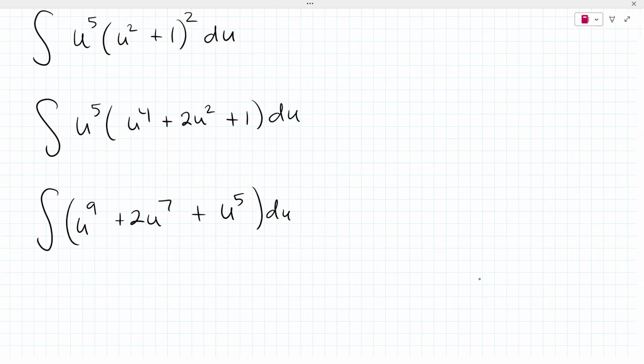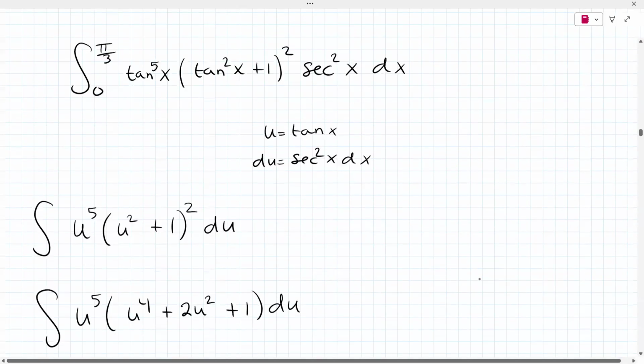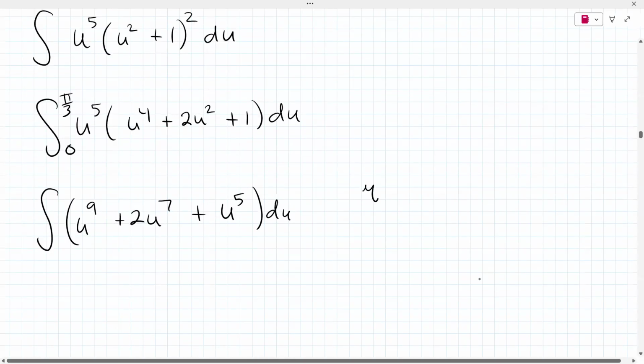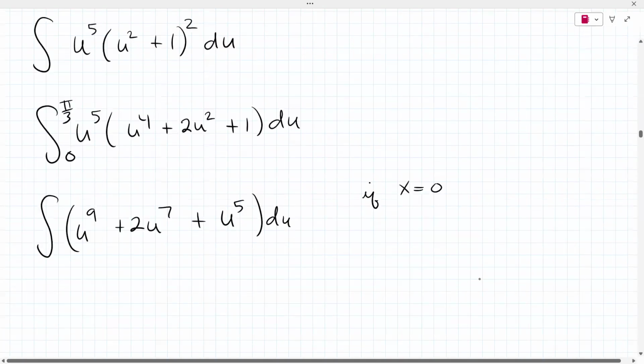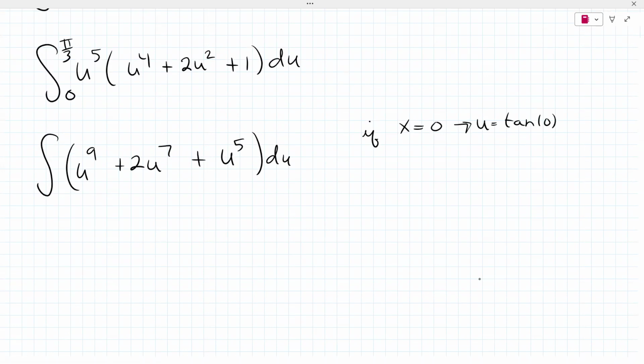Then what I'm going to do is change my boundary. So what was our boundary? It was originally 0 to pi over 3. So if x equals 0, and we said that our u was tan of x, u is going to be tan of 0, which is 0.